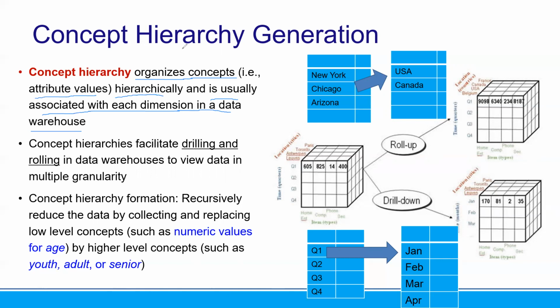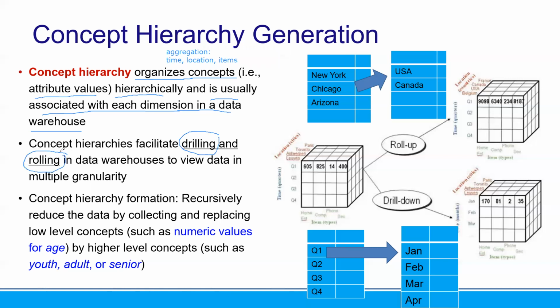If you still remember, in the aggregation, we usually have the components of time, location, and items. So those are the common ones. But we can also have other kinds of aggregation. And the concept here that I want to explain to you is about drilling and rolling.